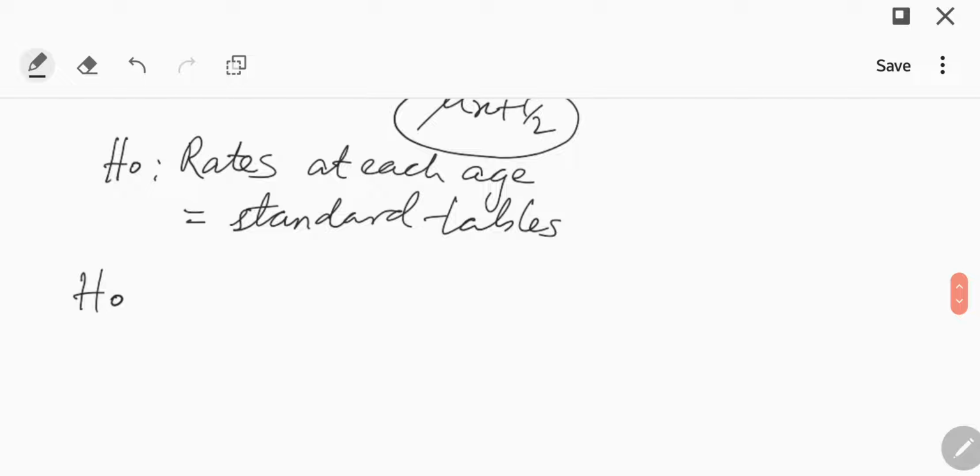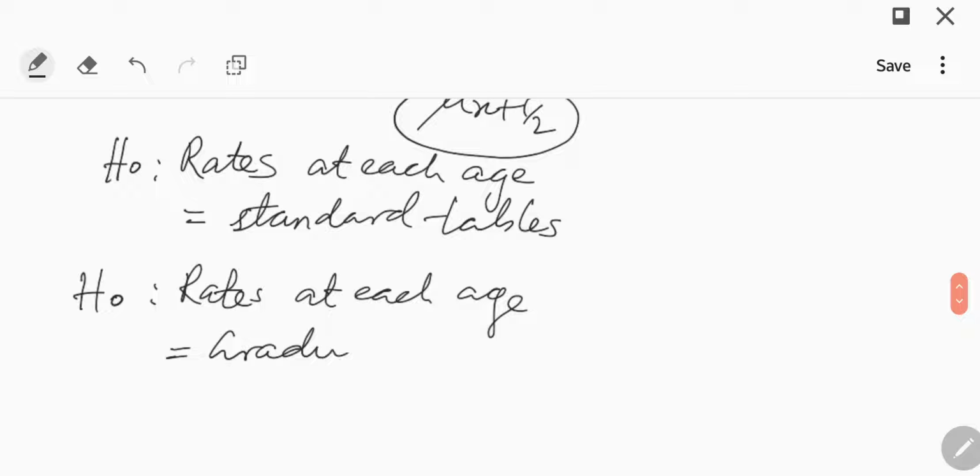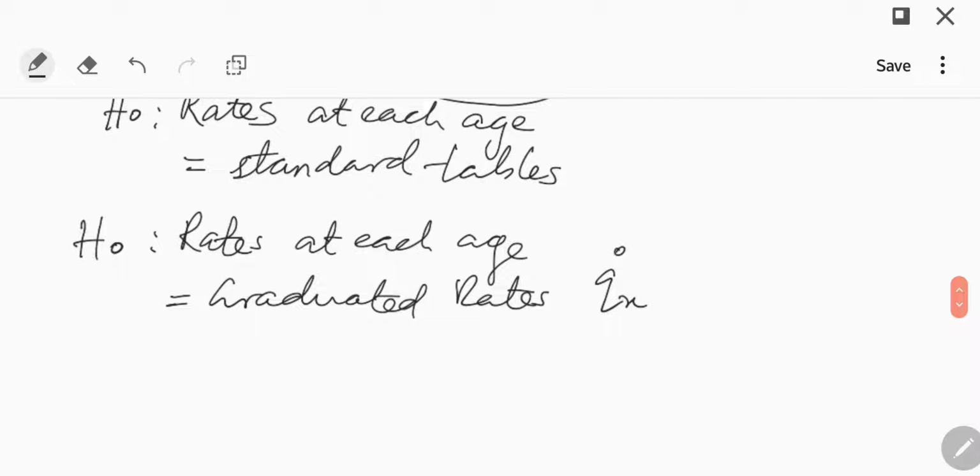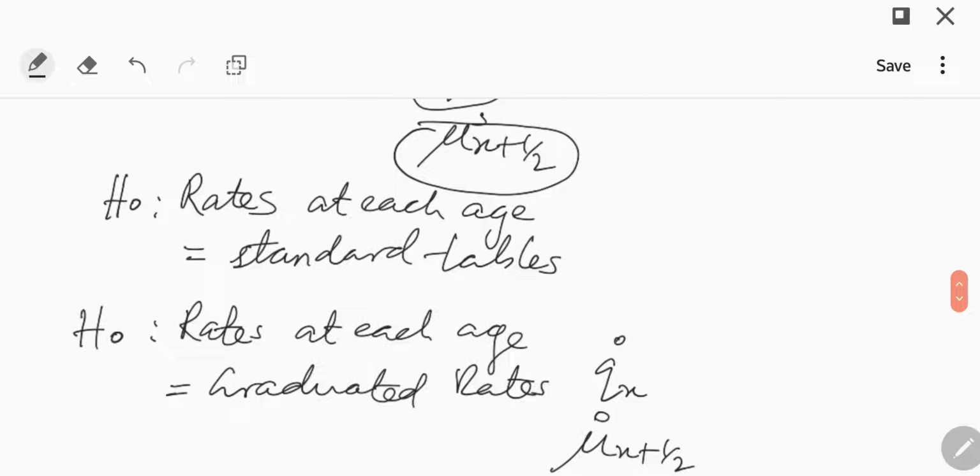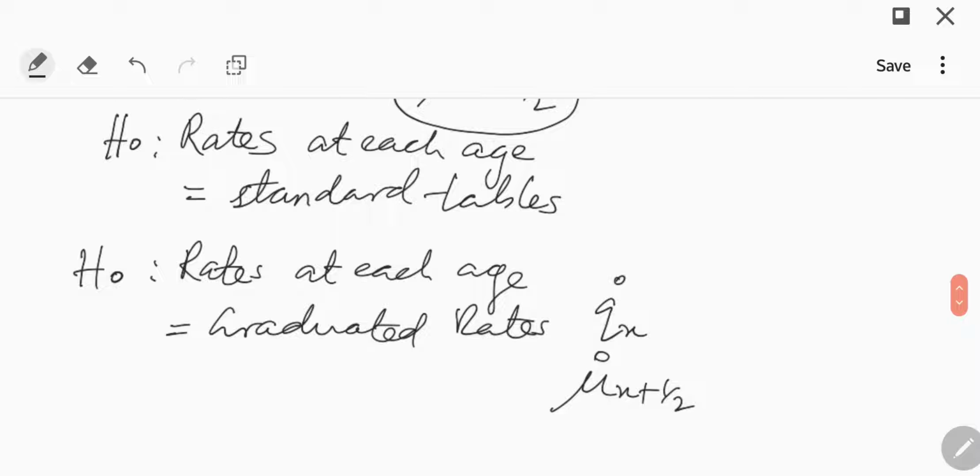So if I'm comparing it with graduated rates, the rates at each age are equal to the graduated rates. So graduated rates are denoted by qx with a circle or mu x with a circle. So this is a comparison with the graduated rates. And then this other one is a comparison with the standard tables. So the second one is a comparison with the graduated rates.